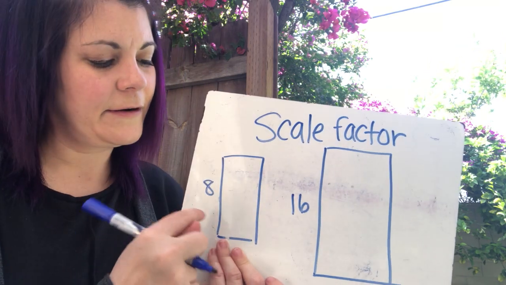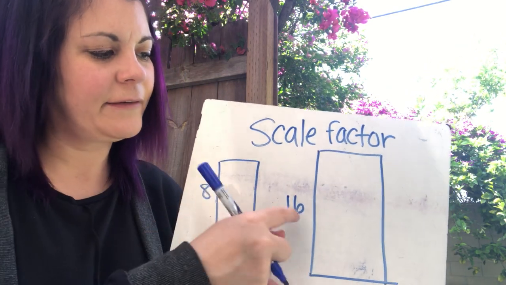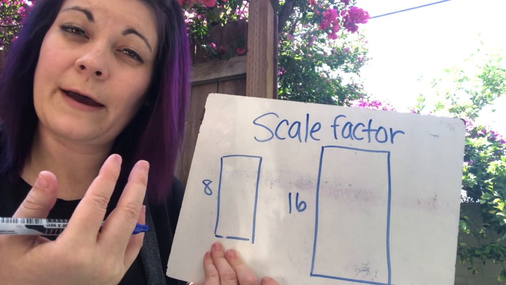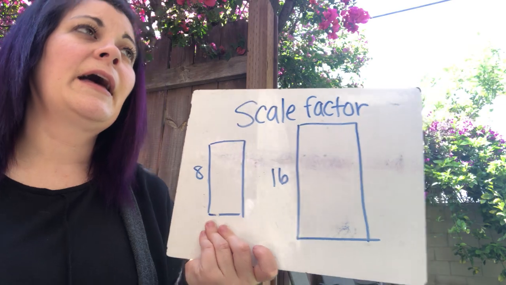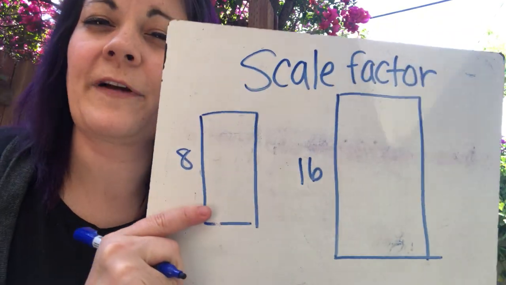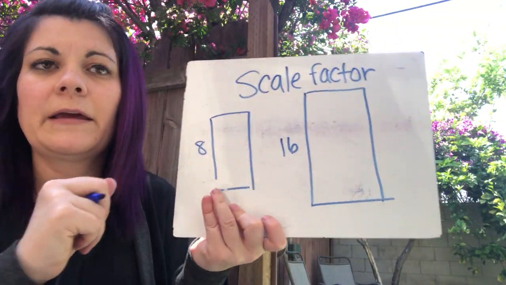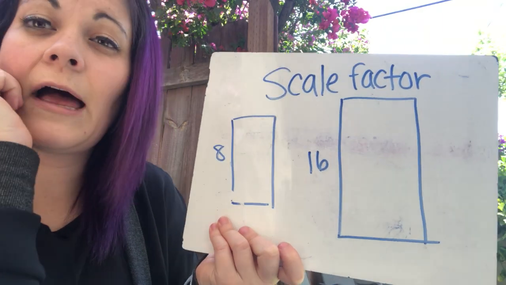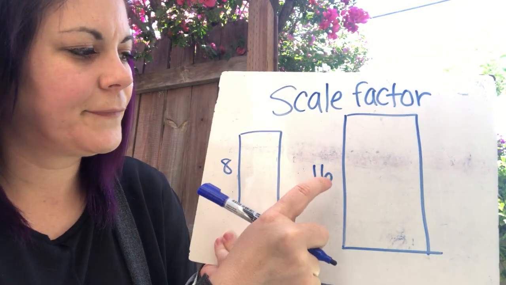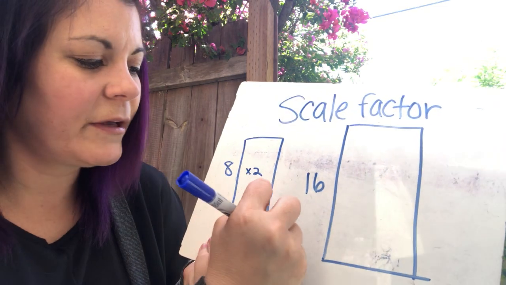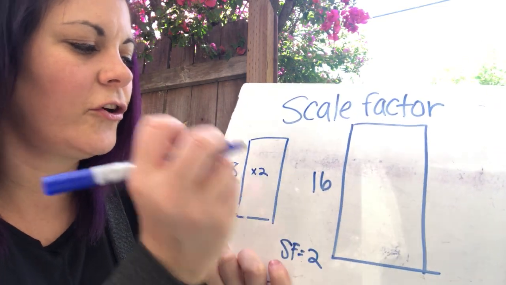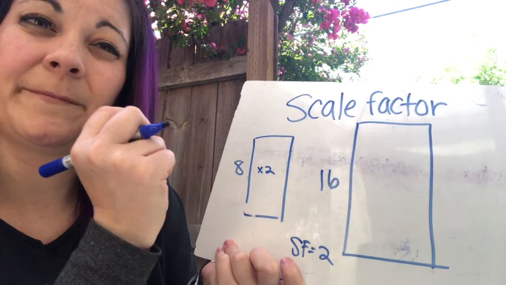And the scale factor, I say, how did I go from 8 to 16? What did I multiply by? Or what did I divide by? So actually scale factor is just what did I multiply by. 8 to 16, I know that I multiplied by 2. So my scale factor here is 2, because 8 times 2 is 16.